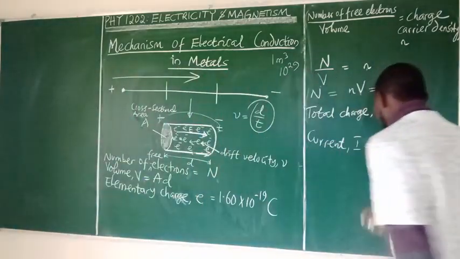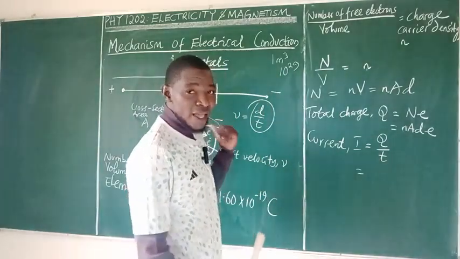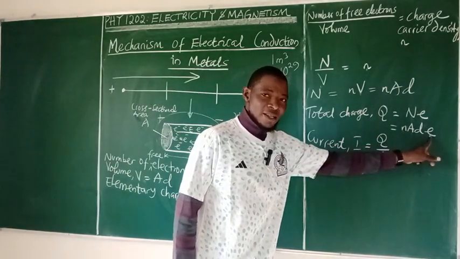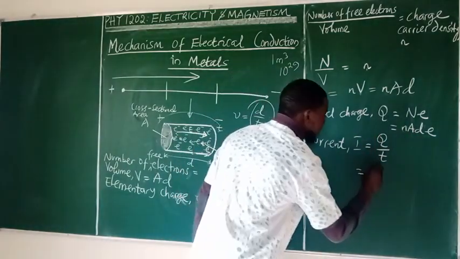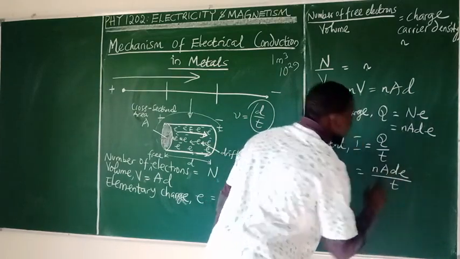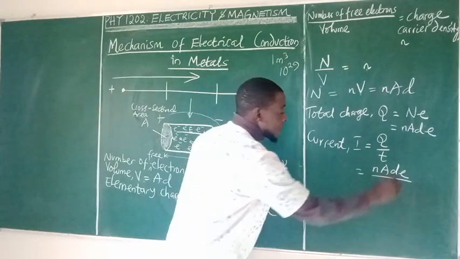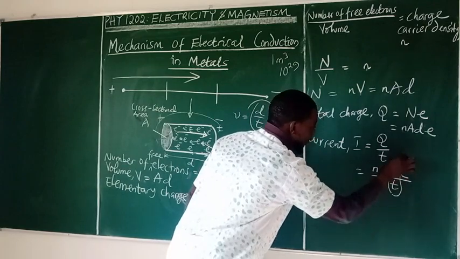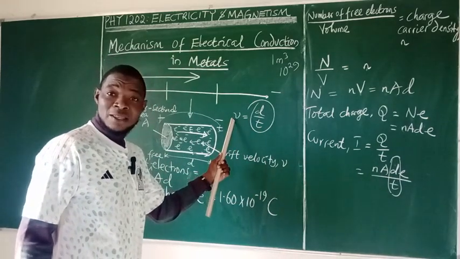Coming back to here, you will see why I went back to that. Your Q is this, right? So you can take all of this and put it here for your Q. When you do that, you are going to have nADe divided by t. Now look at this expression. I have d over t here, and d upon t is my v.